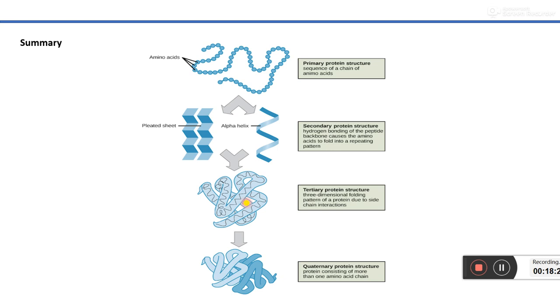And after folding, it forms a three-dimensional structure, and this three-dimensional or tertiary structure of proteins are functional proteins. Now in the last step, when more than two polypeptides come close to each other, they form quaternary structure. So this is all about the different structures of the proteins.